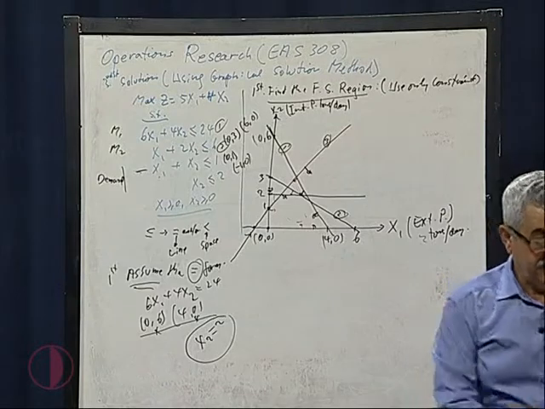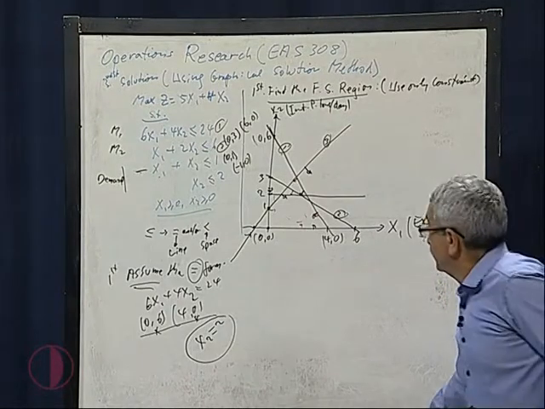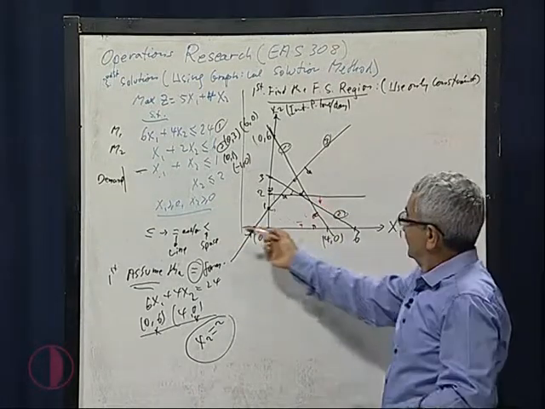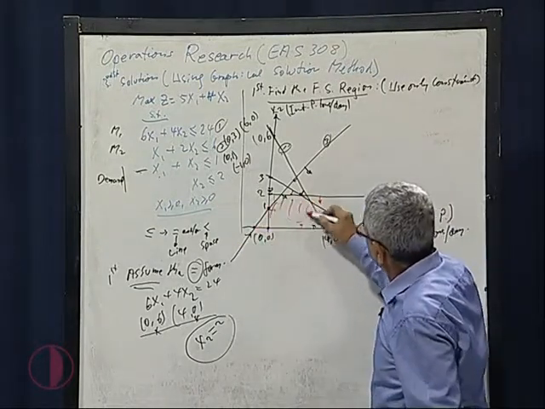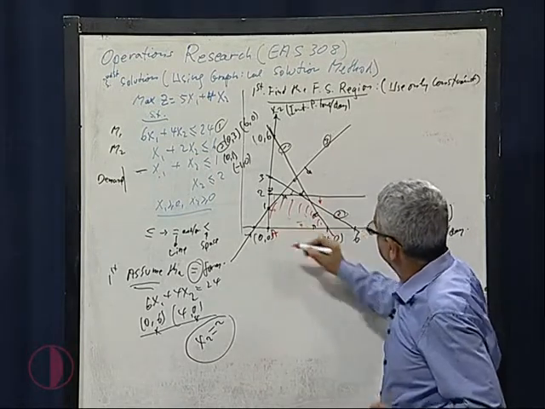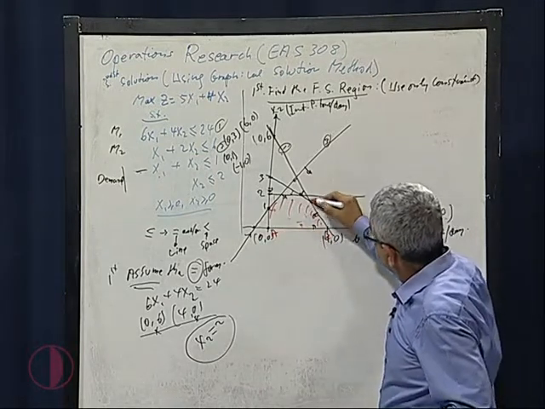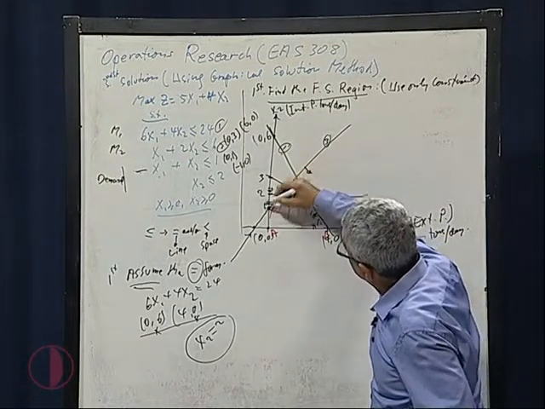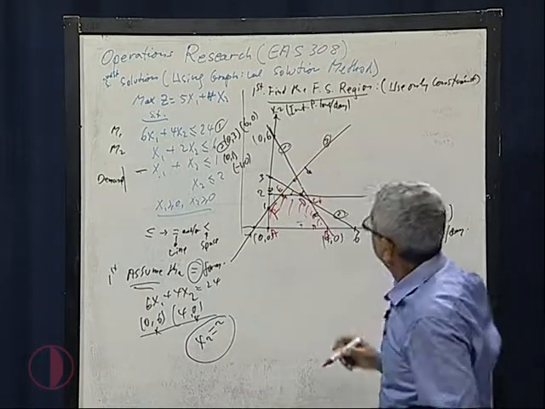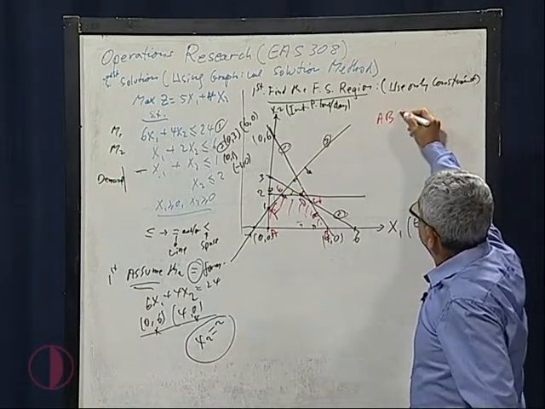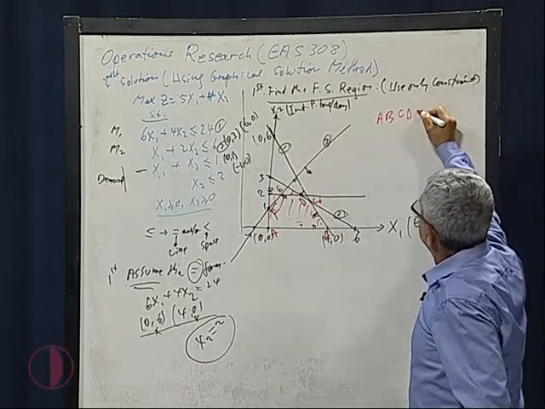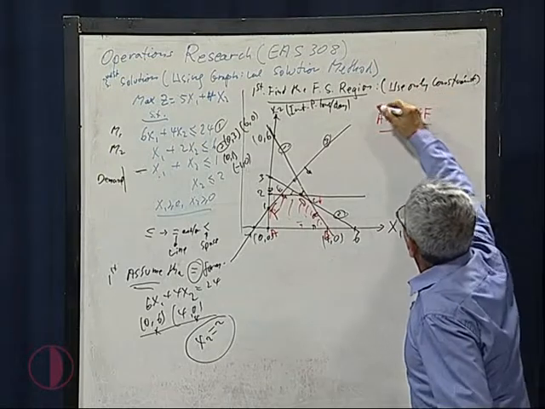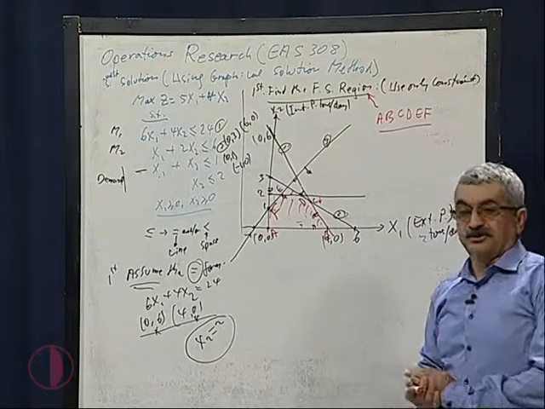Now let me shade the area quickly. All the constraints point toward here. It is smaller than this way. So this area we name A, B, this is C, that part D, E, and that is F. A, B, C, D, E, and F is the feasible solution region.